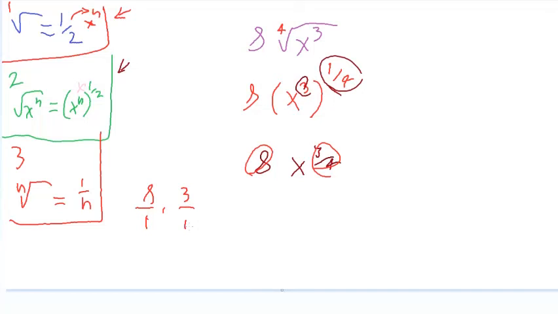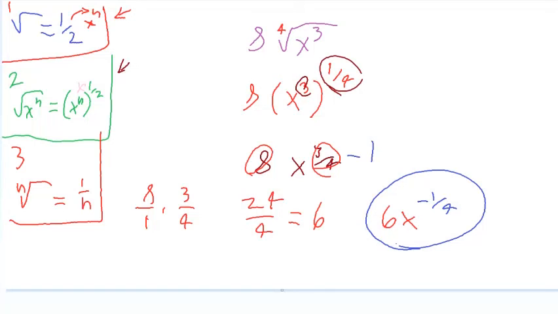Simple as that, we have 24 over 4, which simplifies to 6. So we have 6x, and then we subtract 1 here, which gives us negative 1/4.